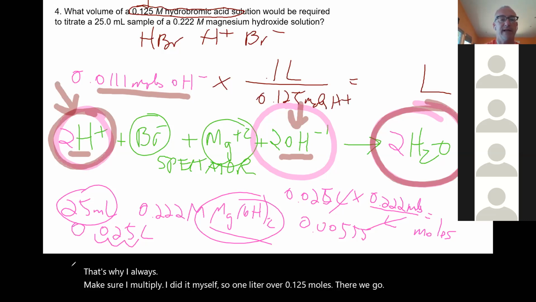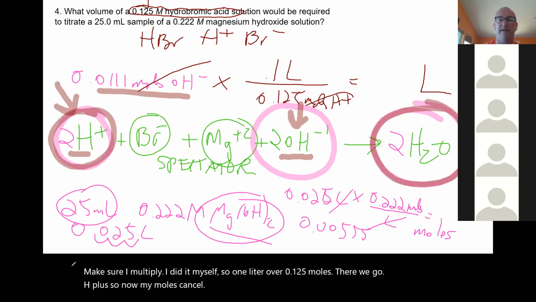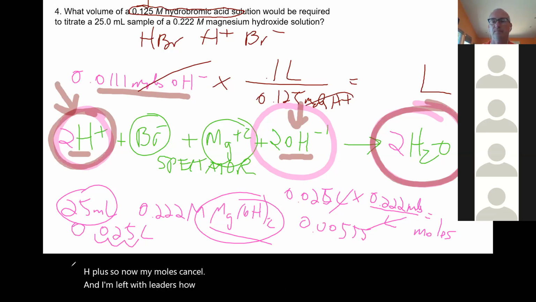So now my moles cancel and I'm left with liters. So how many liters is that? 0.0888 liters of HBr.